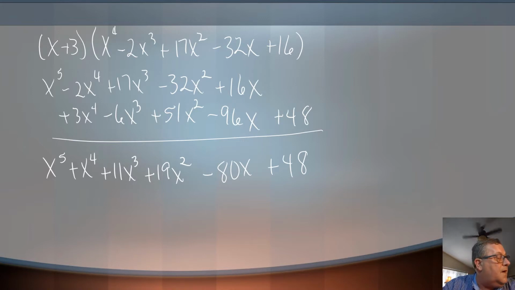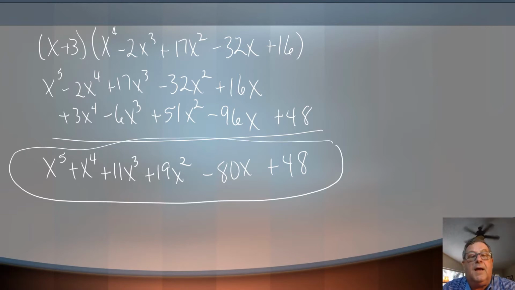So if we've got zeros of negative 3, 1 with a multiplicity of 2, and 4i, which also means we got negative 4i as a complex zero, then when we write this function in least degree in standard form, it's going to be x to the 5th plus x to the 4th plus x cubed minus 19x squared minus 80x plus 48. Shazam. That is the answer.